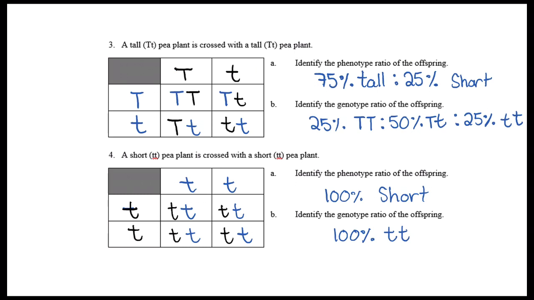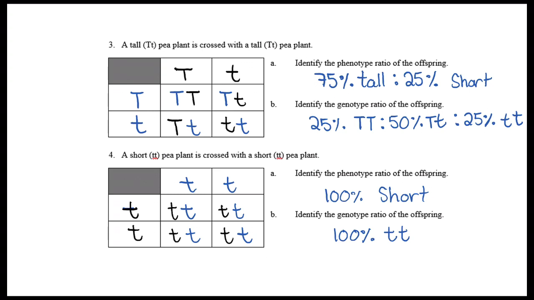Okay, so here are examples 3 and 4 from your notes. I've again tried to color code these to make it a little easier to visualize. So we have a tall heterozygous parent crossed with a second tall heterozygous parent. The result of this is you can see that 75% are tall phenotypically and 25% are short.